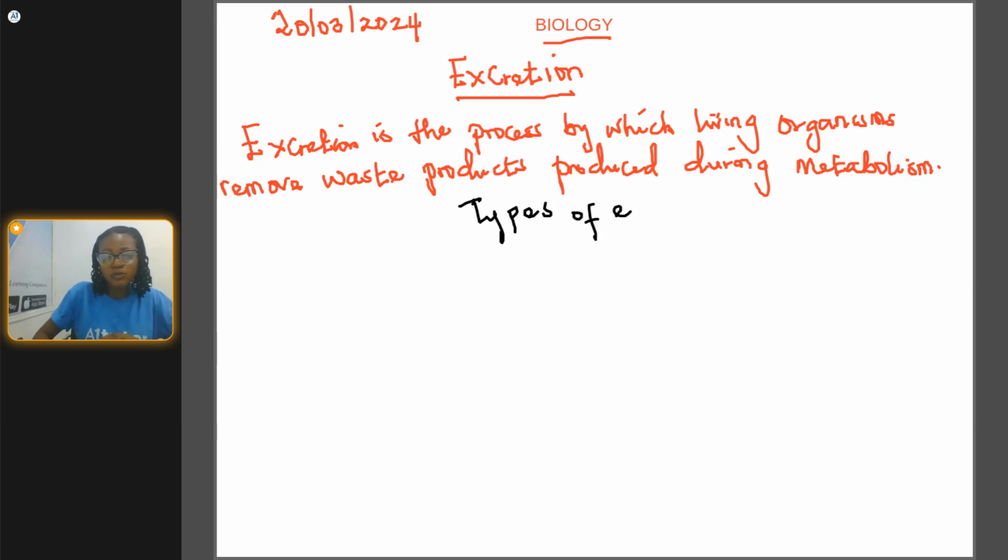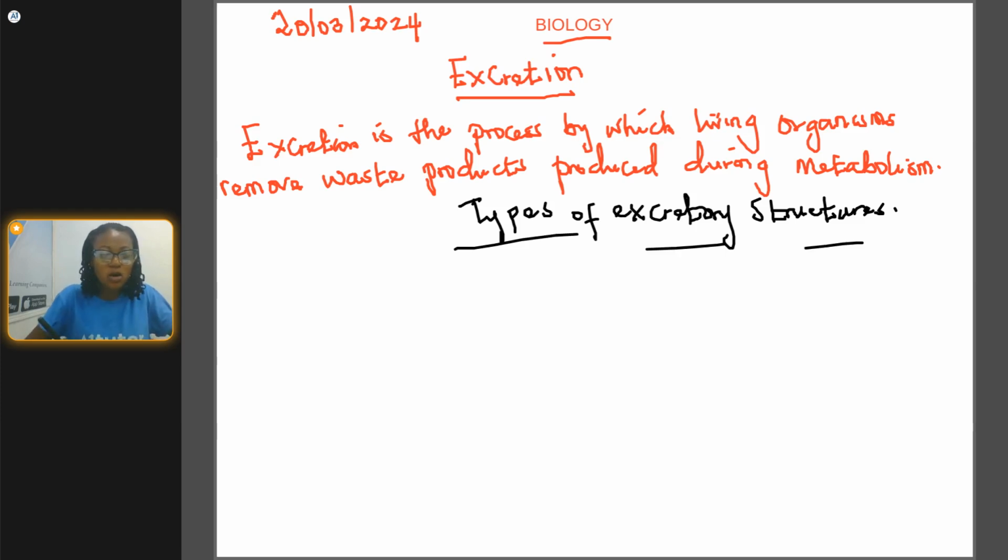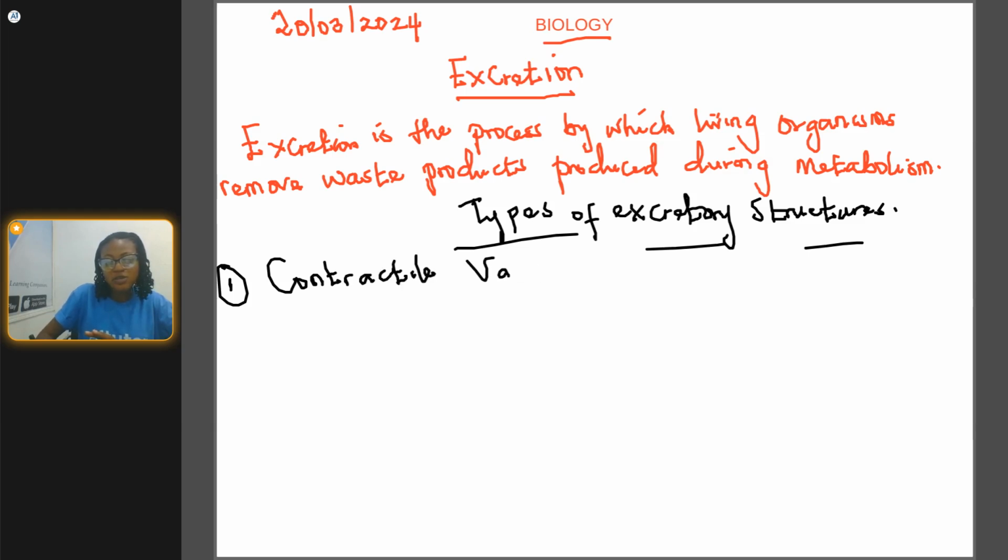So number one structure we are going to be discussing is the contractile vacuole. Okay, so just like I mentioned earlier, it varies with organism.